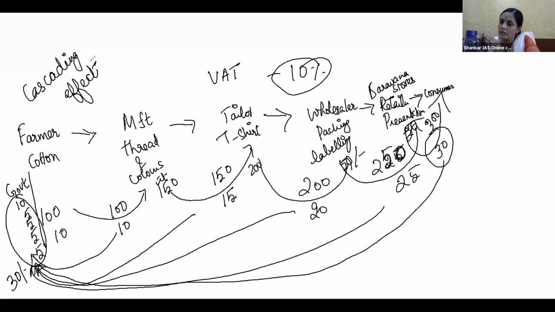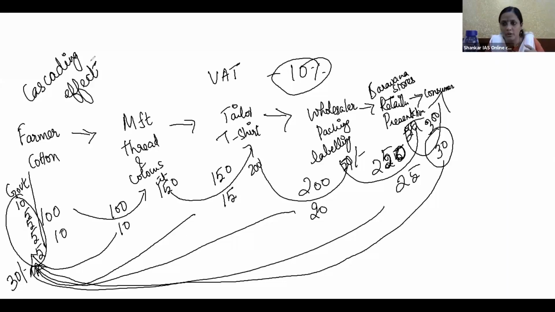Now I have to sell to you. You are the consumer, assume. I am going to make some value addition to it, make it look neat. I put a box, I paste my own Saravana Stores label and all, and then I give the shirt to you. So I make a value addition, and then I give it to you at 300 rupees, right?